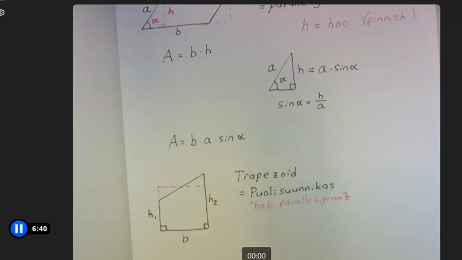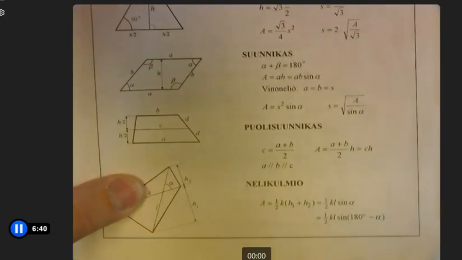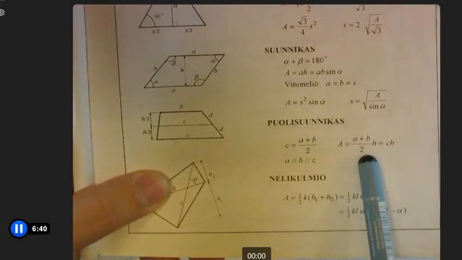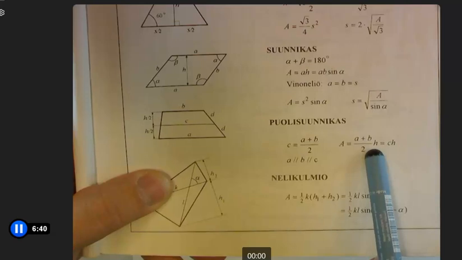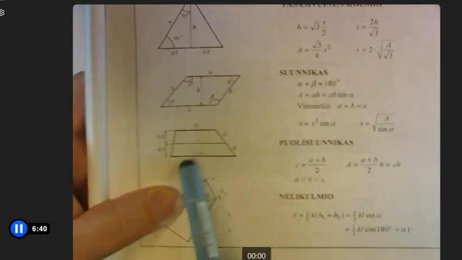So the formula, well, there are different letters in this formula book, but there you see that the H is the breadth or width of the figure.